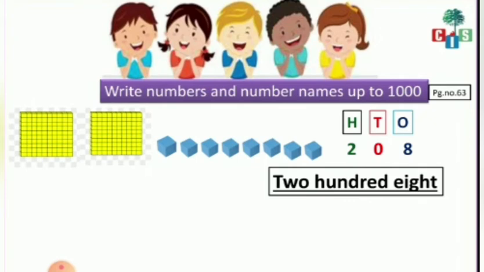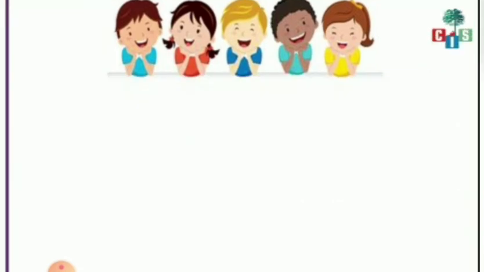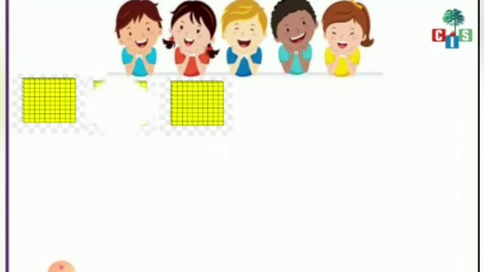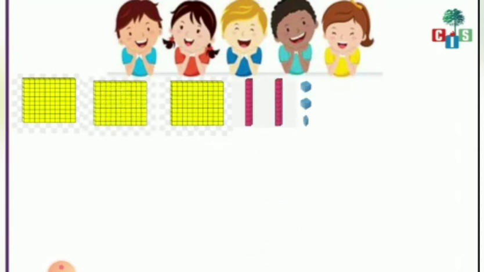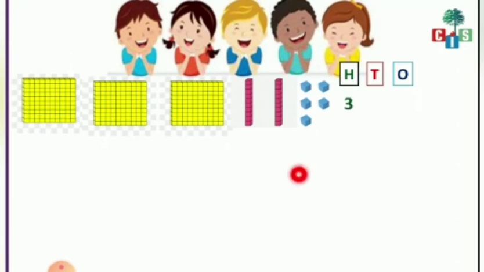Now let's move to the next. Let's see how many blocks are there. Now let's count how many hundreds are there. 1, 2, 3. So what I have to write it over here? 3. Now here I have tens. How many are there? 1, 2.